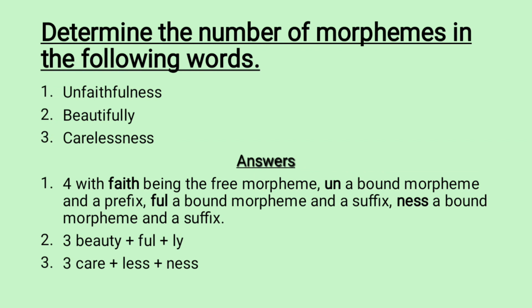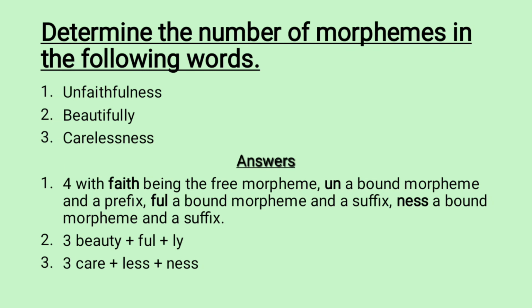1. Unfaithfulness contains 4 morphemes. That's faith being the free morpheme, un, a bound morpheme and also a prefix, ful, a bound morpheme and also a suffix, and ness, which is a bound morpheme and also a suffix. 2. Beautifully: beauty plus ful plus ly.